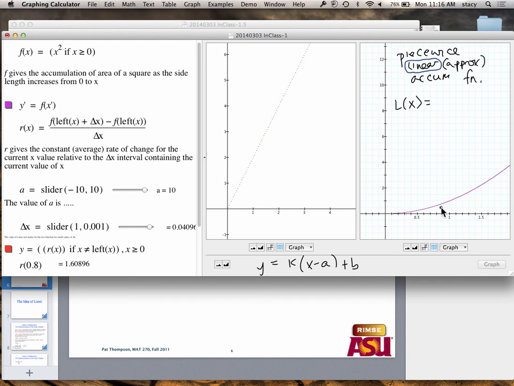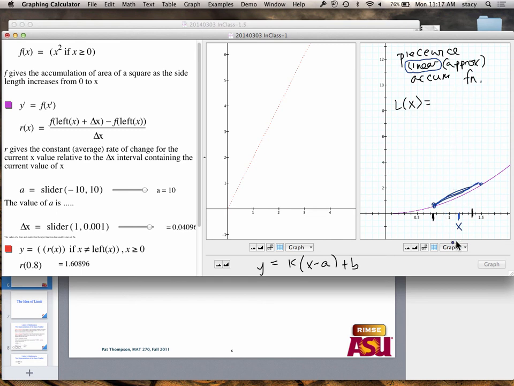So if we were to zoom in on some delta x interval, and we've got a current value of x that I care about, I'm inputting this current value of x into my L of x function. My L of x function is supposed to be a piecewise linear function that's going to approximate this accumulation function. So visually, it's going to look like a straight line from there to there. Imagine that actually connected to the curve.